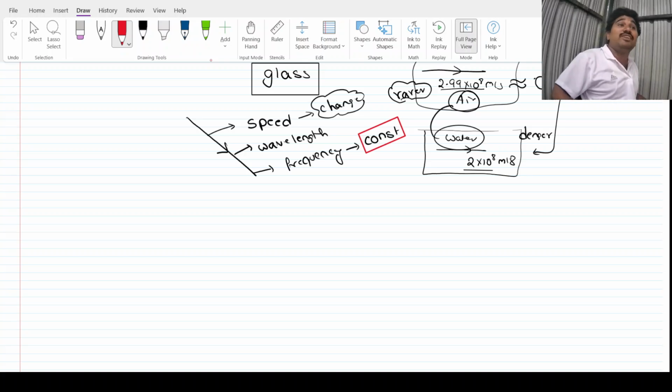Similarly, remember, frequency will remain constant. Who will not change? Frequency. The frequency of the light will not change when it is traveling from one medium to another medium. Clear for everybody? Yes or no? And wavelength will change. Clear for everybody?